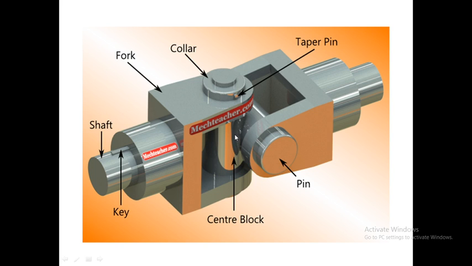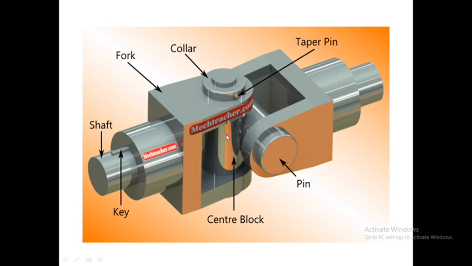Now the center block consists of two hollow cylinders. One is the vertical cylinder, which will be present inside the vertical fork, and this is the horizontal cylinder, which will be present inside the horizontal fork. Both the vertical cylinder and the horizontal cylinder are cast together, that is, they are manufactured as a single part, not different parts.